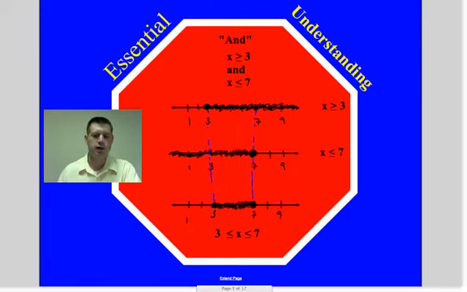The other thing is we have 3 is less than or equal to x and x is less than or equal to 7. So a compound inequality for the "and" statement can be written as one big inequality. The "and" statement is the only time that you can write them together. It goes smallest number on the left, variable in the middle, largest number on the right.